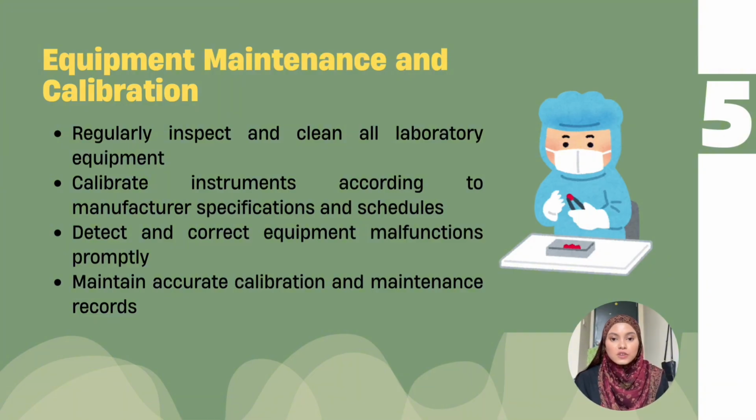In addition, instruments must be calibrated according to the manufacturer's specification and schedule interval. This helps to ensure that all measurements taken are accurate and consistent over time. If any equipment malfunction is detected, it should be corrected immediately to avoid errors, accidents, or invalid results during experiments.